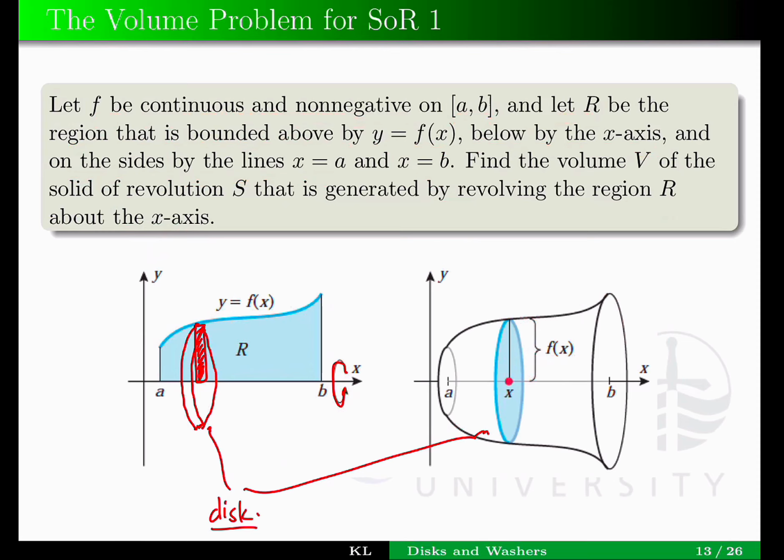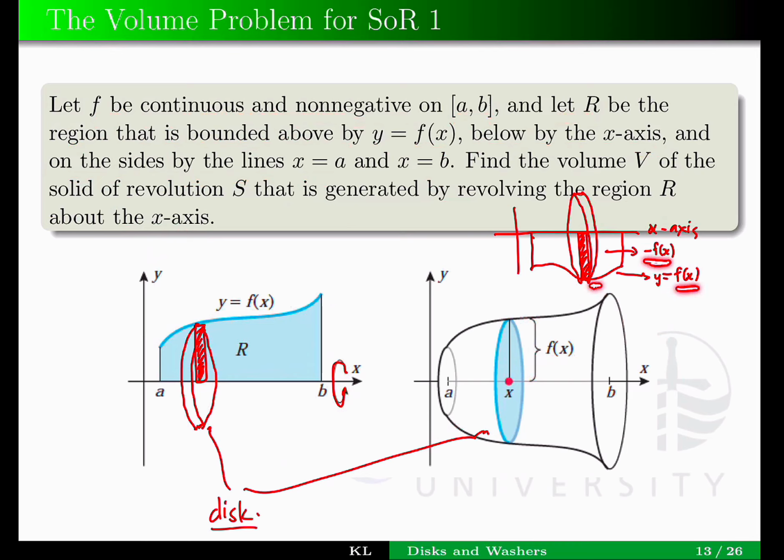If your region is below the x-axis, for instance, let us have this one. This is our x-axis, and you have this as y equals f of x. So the radius here, after revolving this, the slab will have a radius negative f of x, because the function here has negative values.